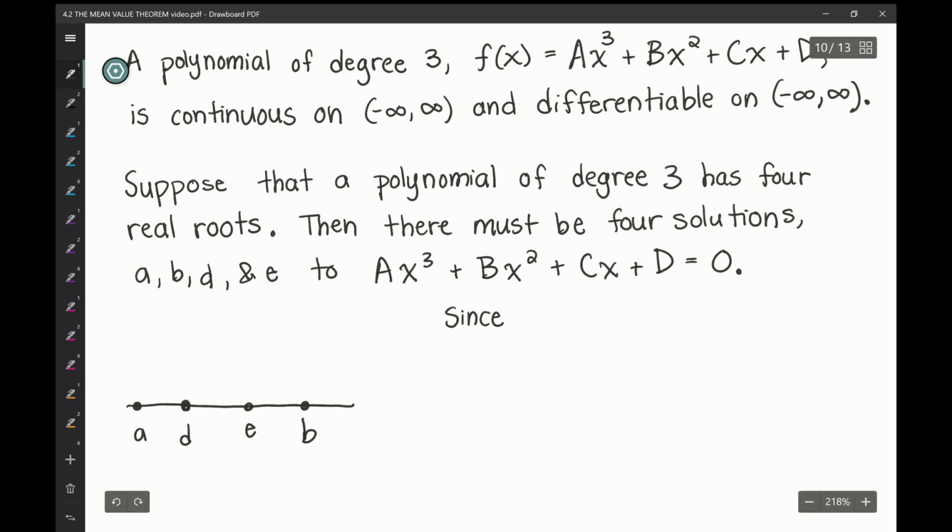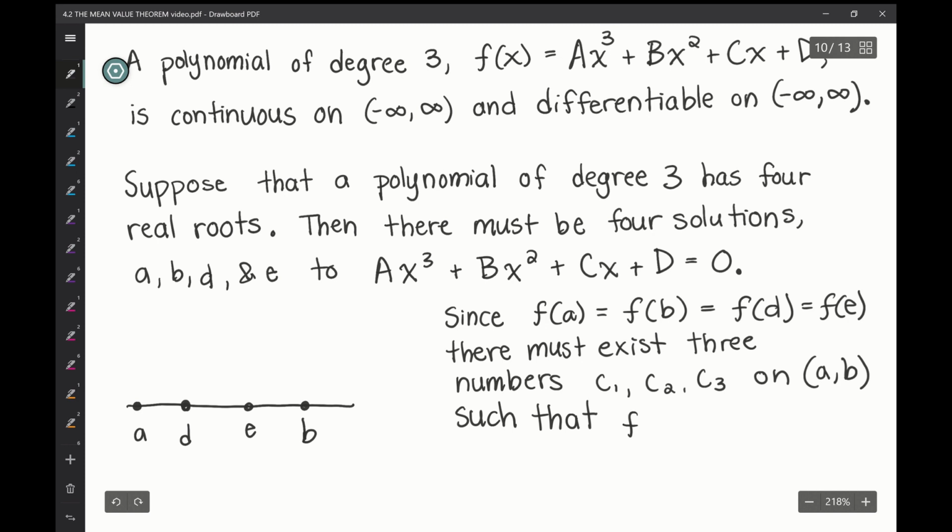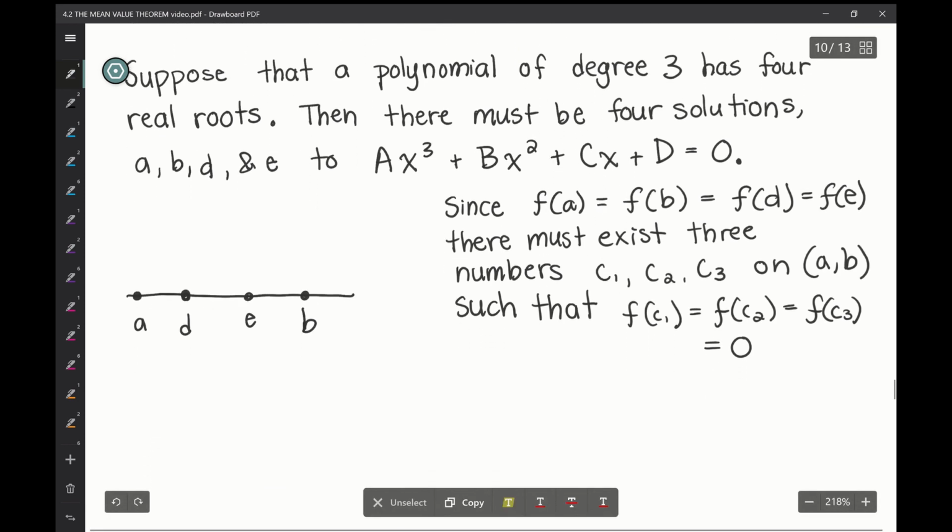So since f of a is equal to f of b is equal to f of d is equal to f of e, there must exist three numbers, which I will call c1, c2, and c3, on the interval from a to b, such that f of c1 is equal to f of c2 is equal to f of c3, and these are all equal to 0. And this is by Rolle's theorem.